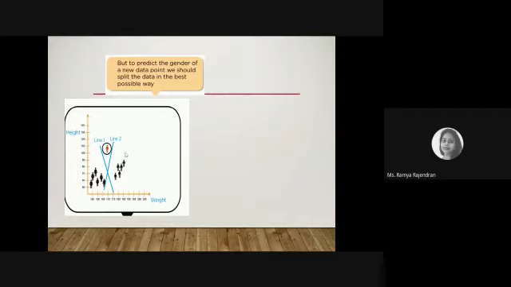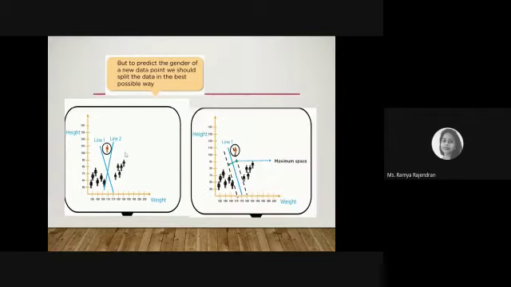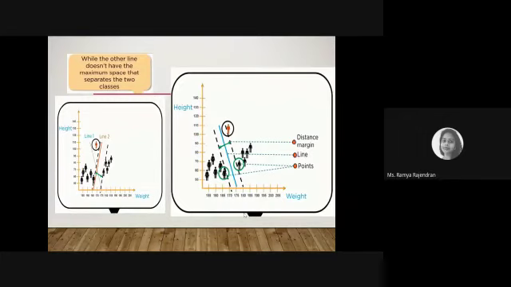So to predict this gender, what are we supposed to do? Here we are trying to create a hyperplane which has the maximum space between the groups. So we have to choose a line like this. I can create a maximum space within the groups by using line 2 as well as line 1, right?